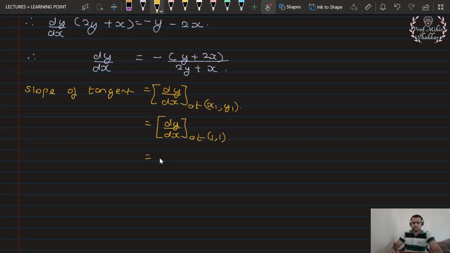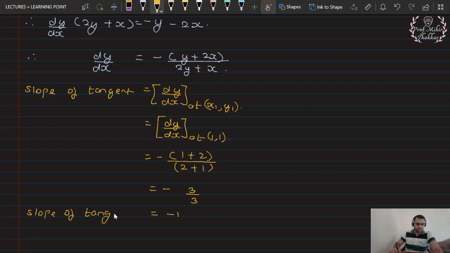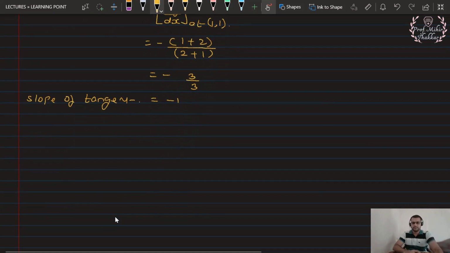So substituting, you get minus 1 plus 2 divided by plus 1. So you get this is equal to minus 3 by 3, which is equal to minus 1. So we are ready with the slope of tangent, which is equal to minus 1.